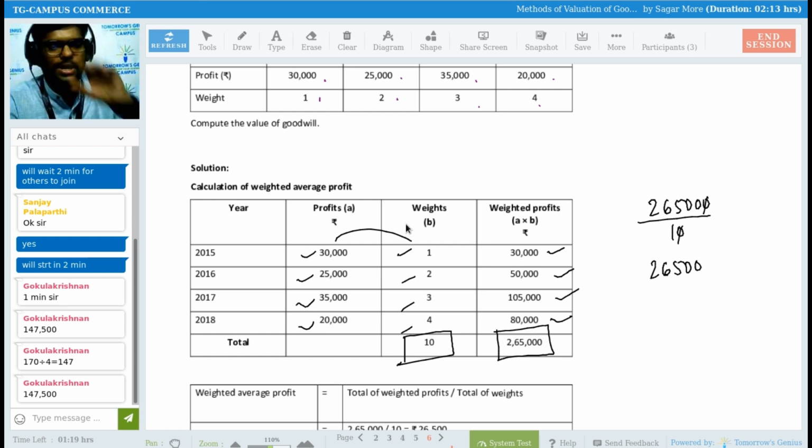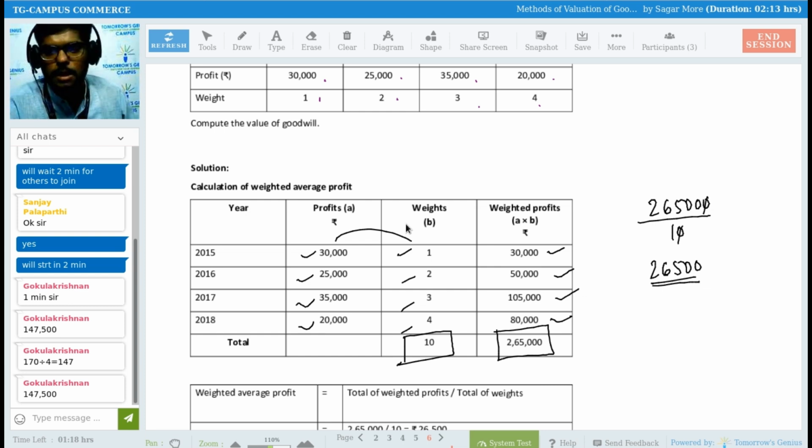Simple. Weights are given, profits are given, multiply them and you get weighted profits. Now we do the total of weighted profit as well as the total of weights. So the formula for weighted average profit is total of weighted profit divided by total of weights. So I get 26,500 rupees as weighted average profit.